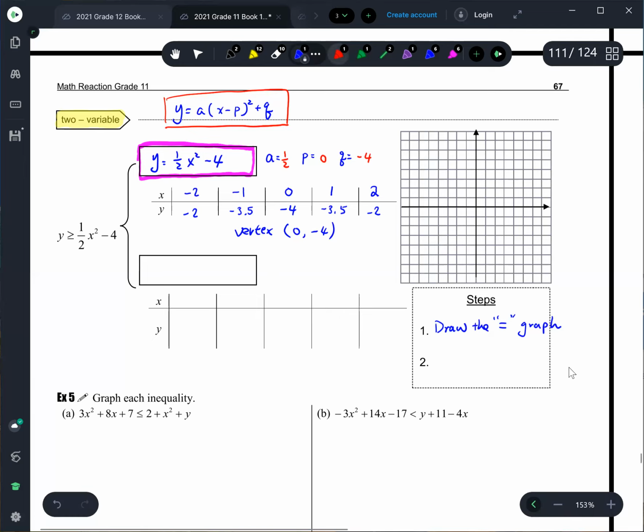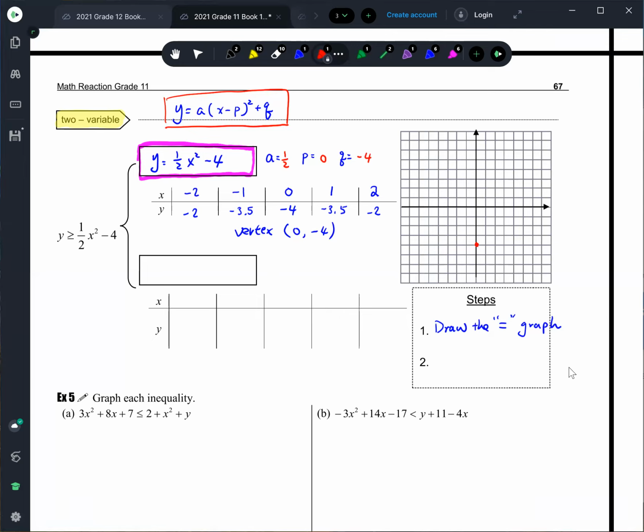So (0, -4), let's plot that on the grid now. (0, -4) will be here, right? And then (1, -3.5) will be here. The other side, same thing.